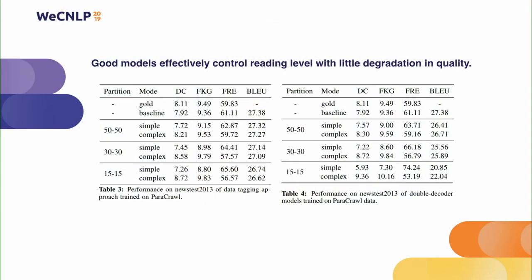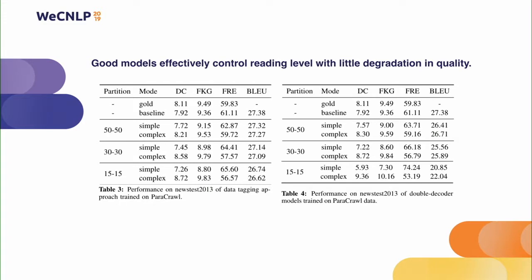So for our results, we have learned that good models do effectively control the reading level with little degradation in quality. On the left, we have our performance on News Test 2013 of the data tagging approach trained on Paracrawl. News Test 2013 is a very common test set in the machine translation literature. On the right, we have the equivalent translations using the double decoder models.